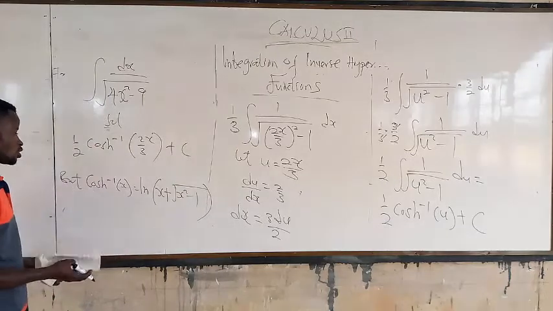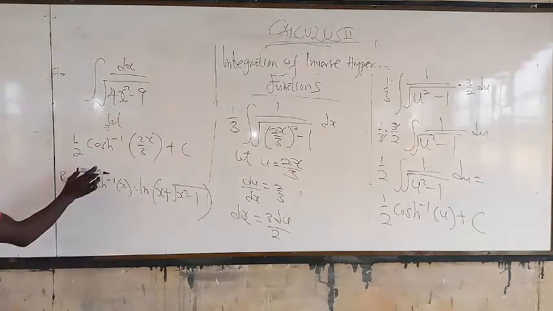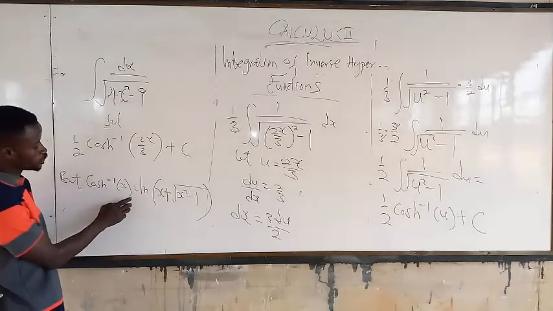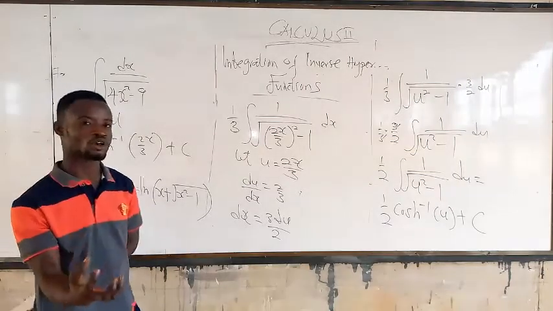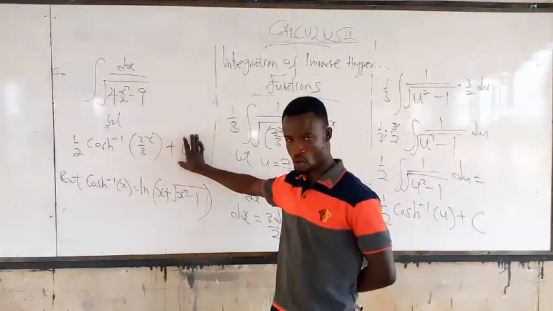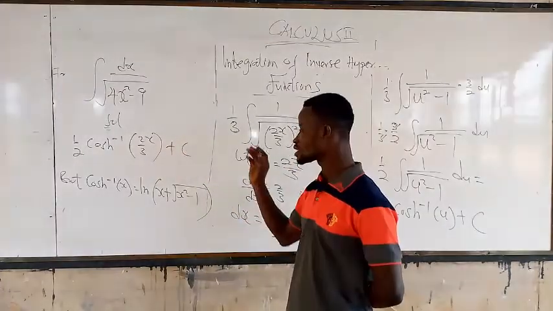Alright. So by substitution, since you know cosh inverse, you don't have to leave your answer in that form. Make sure you simplify it to the least.